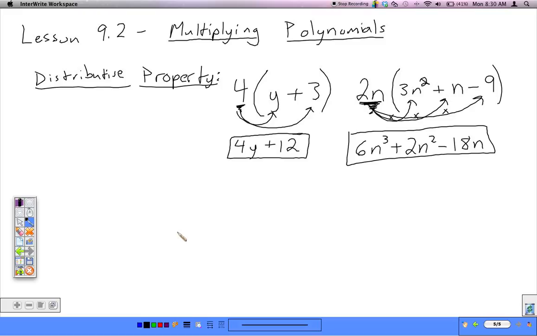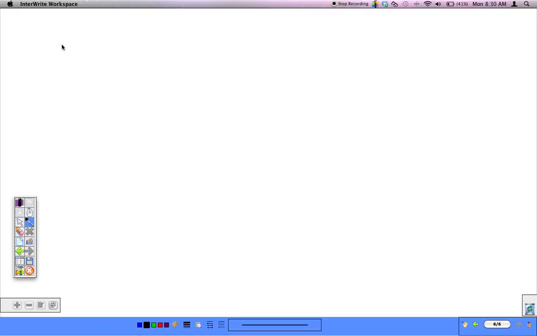Now, the way we will typically see this on our worksheet, let's take a look at a couple examples. Here's a good one with the distributive property. Negative w to the third times w squared plus 3w.